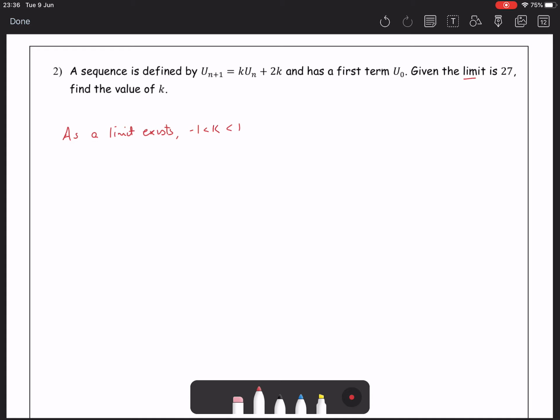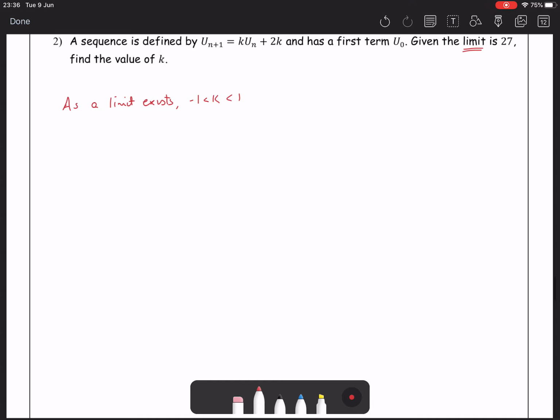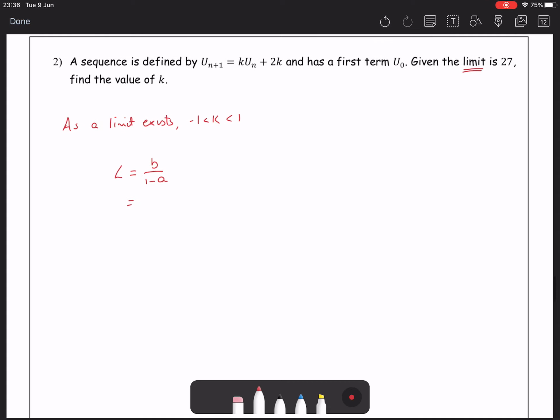And I tend to go by hints, so there's a limit of 27. If I'm seeing any mention of limit, I know I want to go L is equal to B over 1 minus A, where my A value is unknown at the moment, it's k, and my B value is 2k. So 2k over 1 minus k.